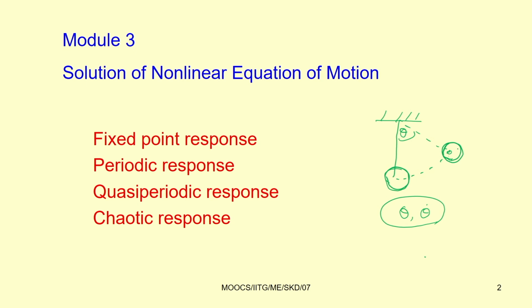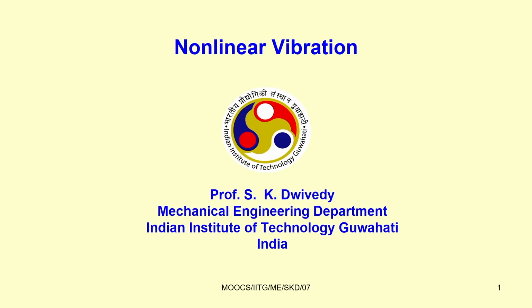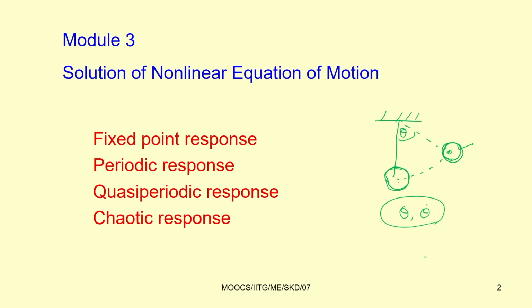Here the velocity equals 0, that is theta dot equals 0, but theta is maximum. At this position theta equals 0, but theta dot is maximum again. If we go to the other position, similarly we can analyze and tell that here also the angle is maximum but theta dot is 0.